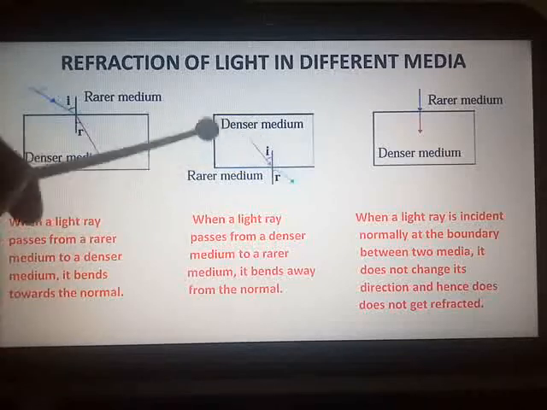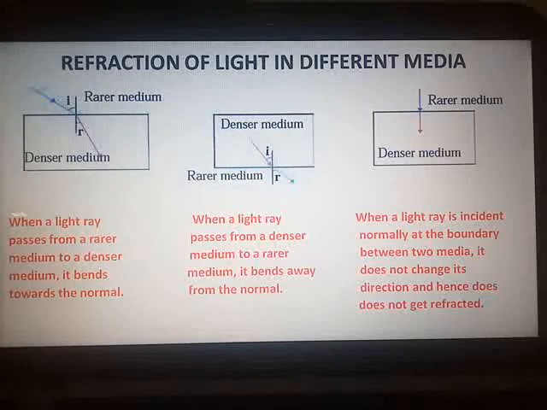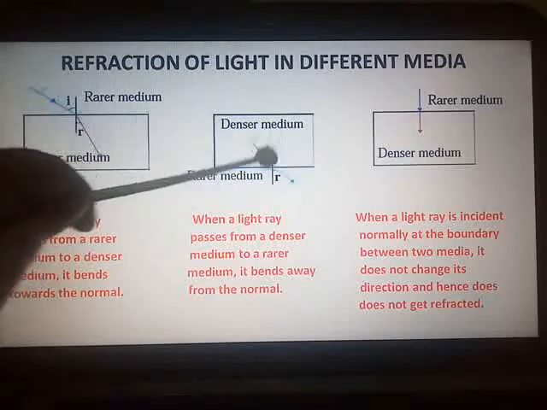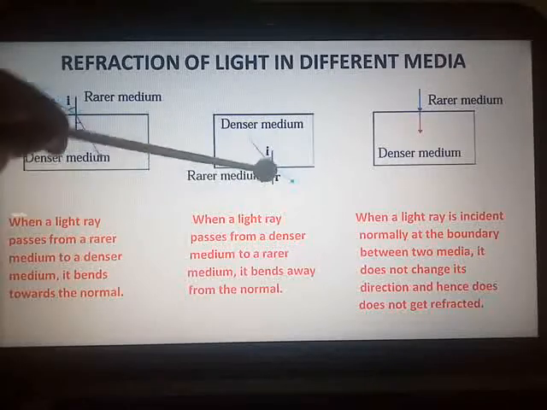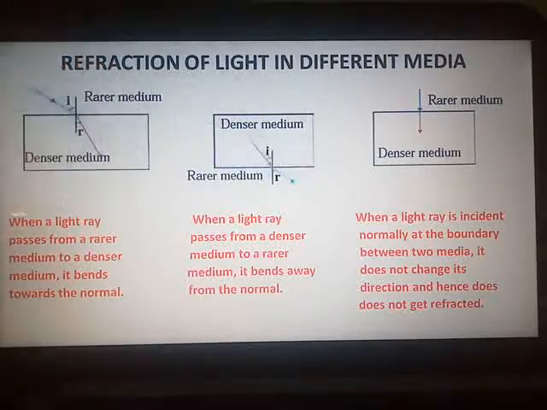When a light ray passes from a rarer medium, that is from the air, to the denser medium, that is glass, it bends towards the normal. This is the normal. On the other hand, when the light ray travels from the denser medium, glass, to the air, it bends away from the normal. So refraction of light is the phenomenon of change in the direction of light when it travels in different media.